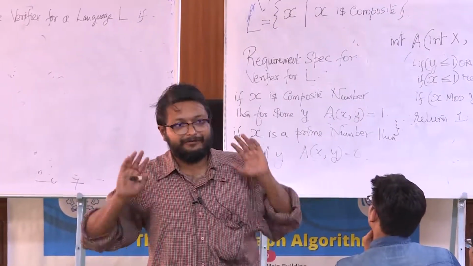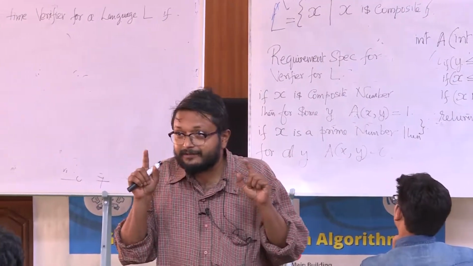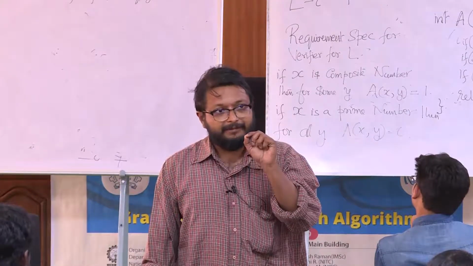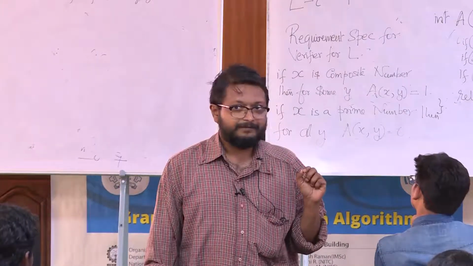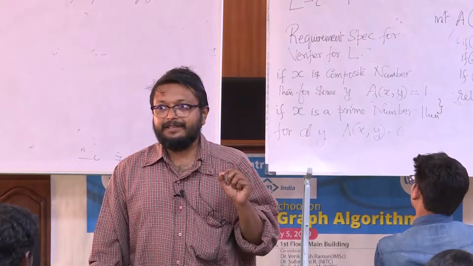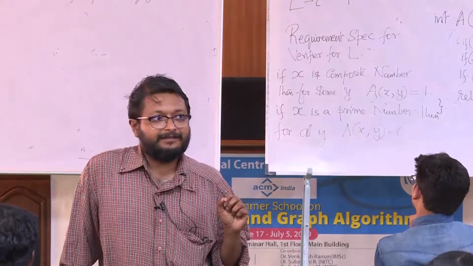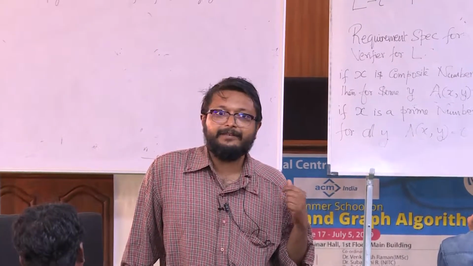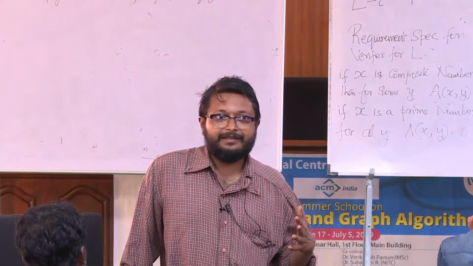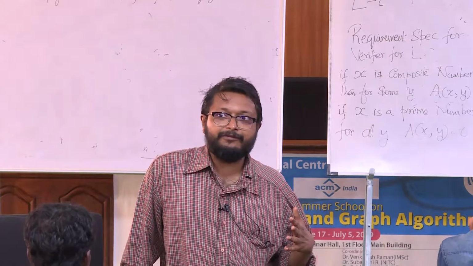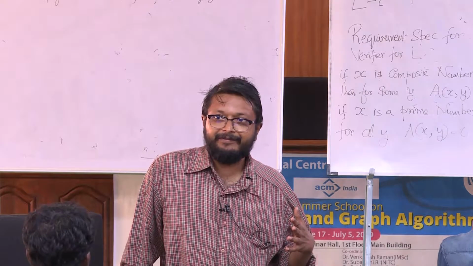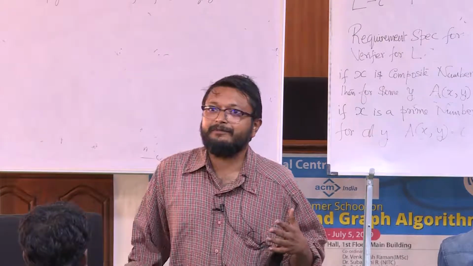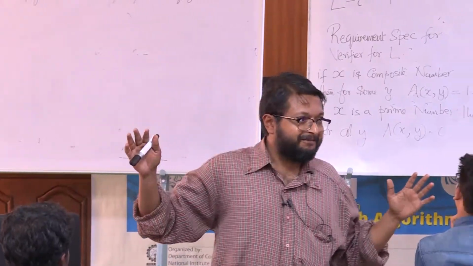This is what we want to define. There are a few things to be taken care of here. When I am talking about time constraints, there is a little bit of technicality, because I want to check whether x belongs to L. You say, okay, I will give you a proof, and then I realize that your proof is 1000 pages long, that reading the proof itself takes a huge amount of time.